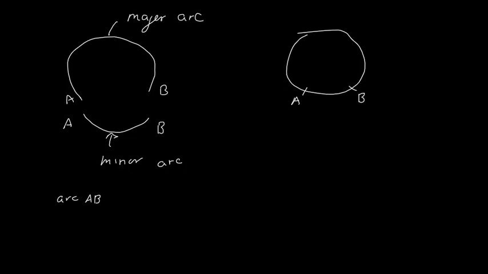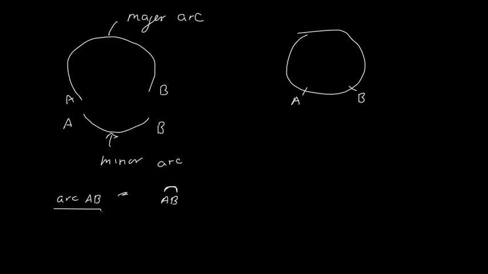So when I use word arc AB, it means I am talking about minor arc. So if we are not using word minor, then by default its meaning is minor. We can say arc AB, or we can write this as AB, and on top of that we can show the symbol of arc. I prefer to write arc AB.